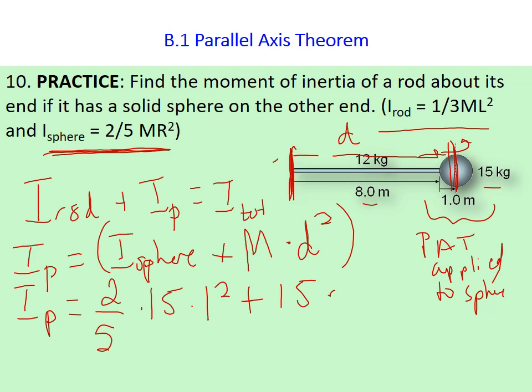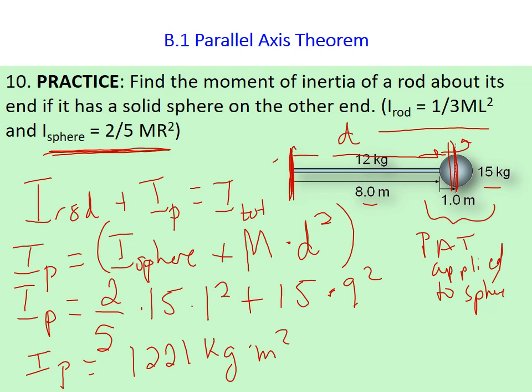That's 8 for the length of the rod, plus 1 makes 9. 9 squared. So I sub p, I'll simplify this. Let me pause the video so I can calculate. Okay, so I sub p, that's 2 times 15 divided by 5 times 1 plus 15 times 9 squared gives me 1221 kilograms times meters squared.